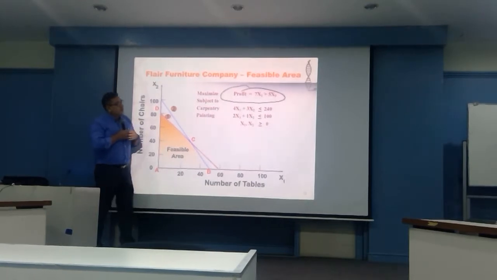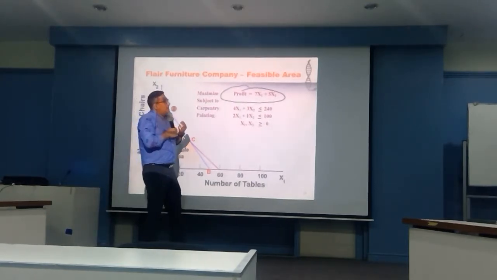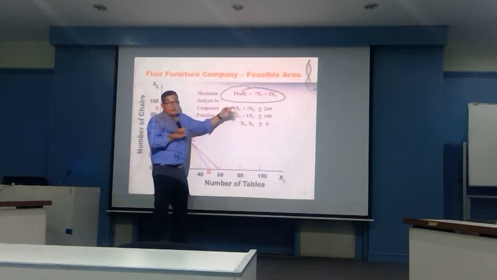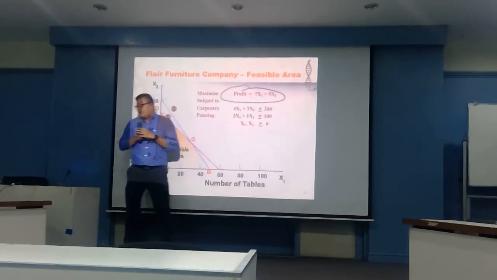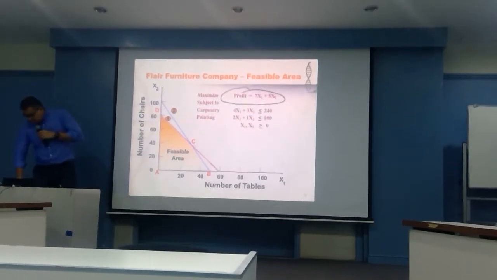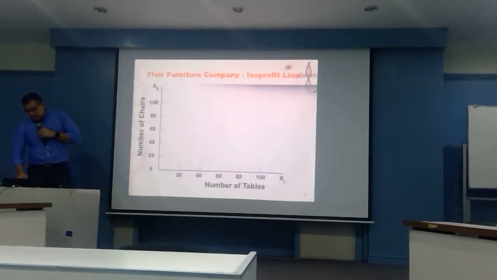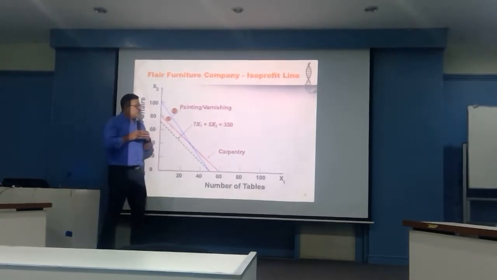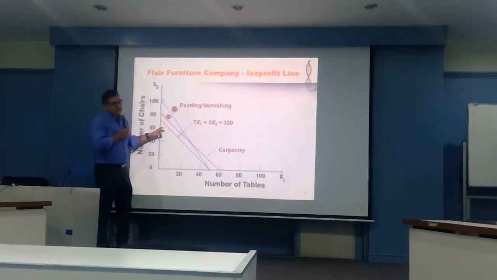So for me, let's say I assume the profit to be 350, and I draw the line of the objective function. So this is my isopic line.